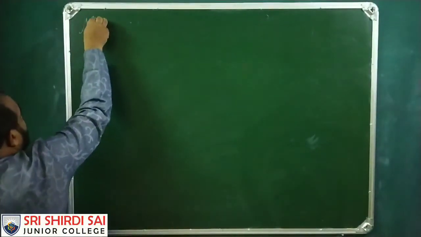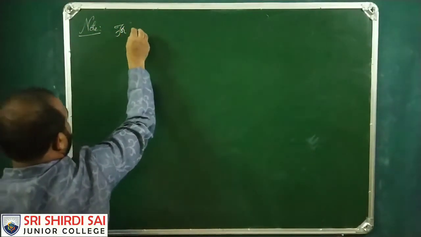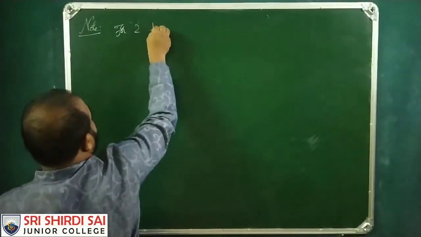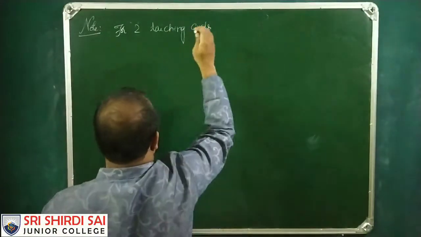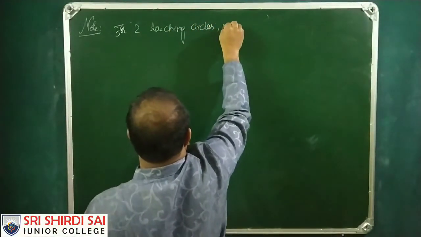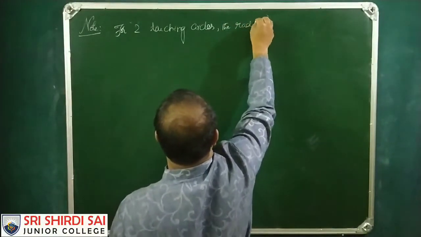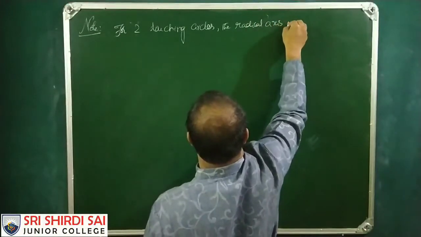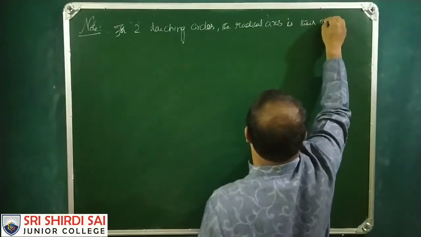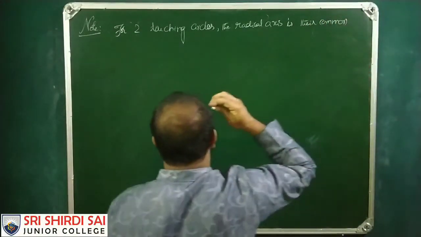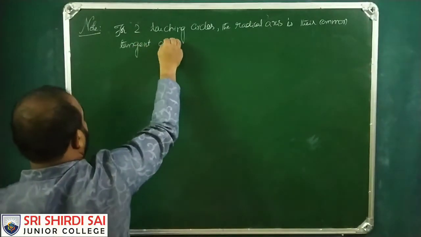Note, for two touching circles, the radical axis is their common tangent at their point of contact.